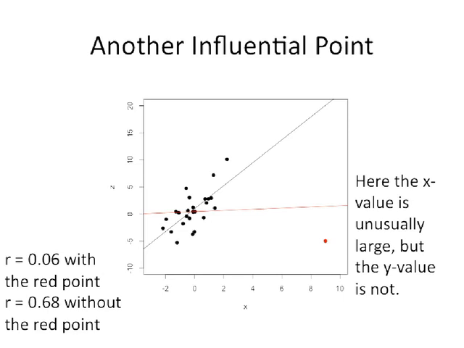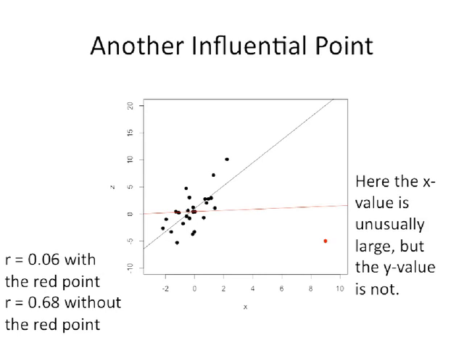So when we're thinking about outliers with scatter plots, we have to be careful: something that's not an outlier in terms of the y values, but is an outlier in the x values, can be an outlier for our scatter plot. What happens with that point is that the correlation is only 0.06. It says there's roughly no linear association between these, but without it, the correlation's 0.68.